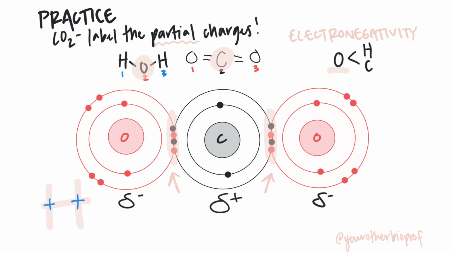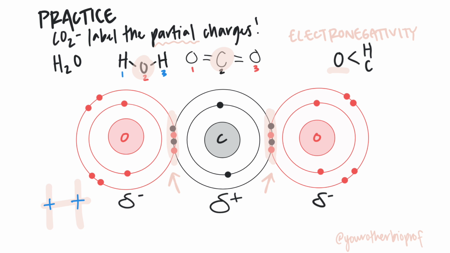And one more trick, and I swear I don't remember learning this in school. I probably did and just forgot. But when you're looking at the names, the way that the formula for a molecule is written, so CO2, H2O, the standard convention is to write the more electropositive element first.